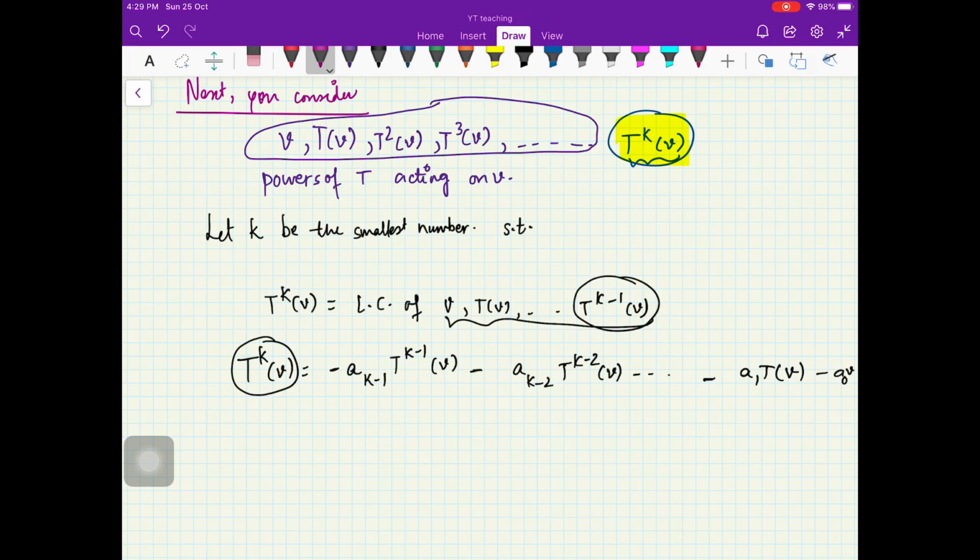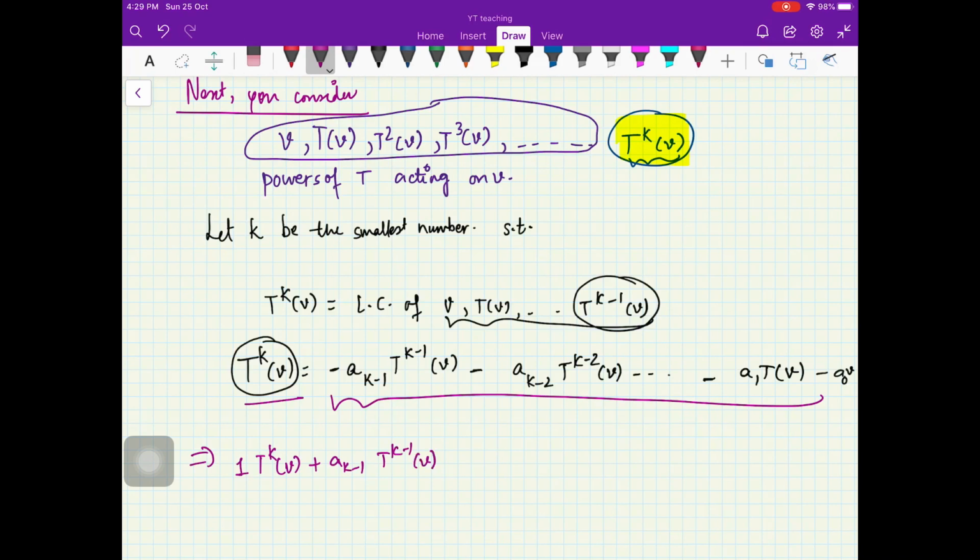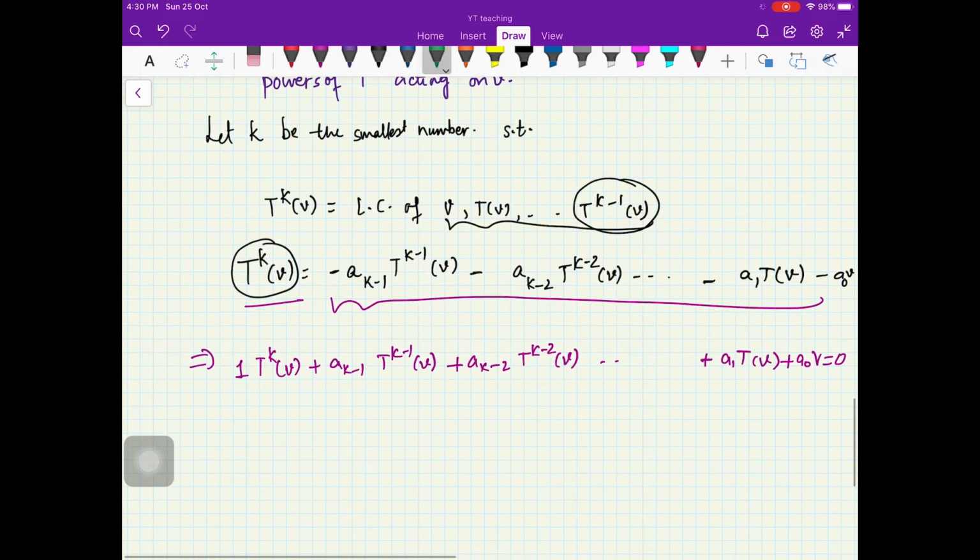So this implies 1 times T^k v plus a_(k-1) T^(k-1) v plus a_(k-2) T^(k-2) v, and so on, plus a_1 Tv plus a_0 v equals 0.